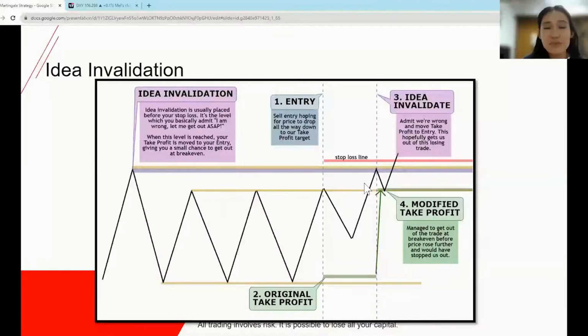It actually breaks out of my entry and hits upwards, and it triggers my idea invalidation level. Thankfully, instead of continuing to our stop loss, it reversed off of the idea invalidation. And then we admit we're wrong, and we get out of the trade by moving our take profit to the entry.